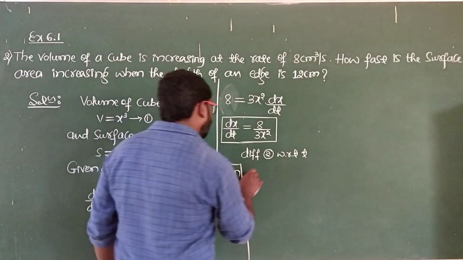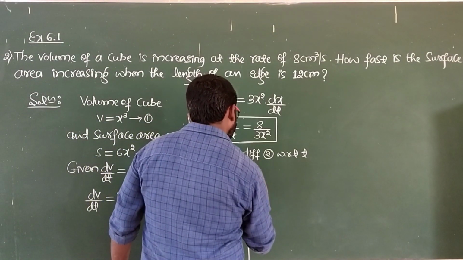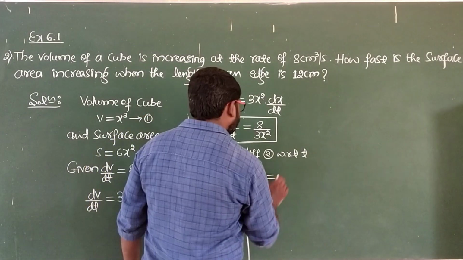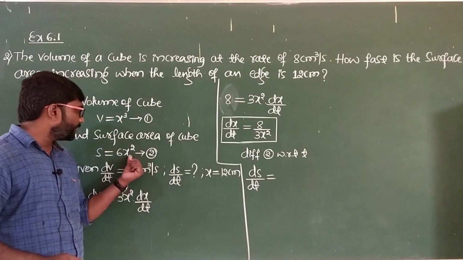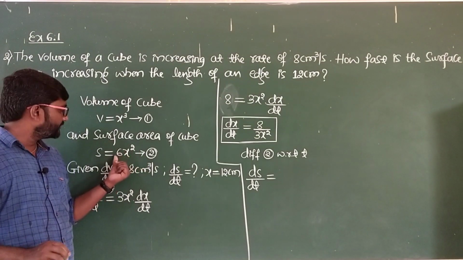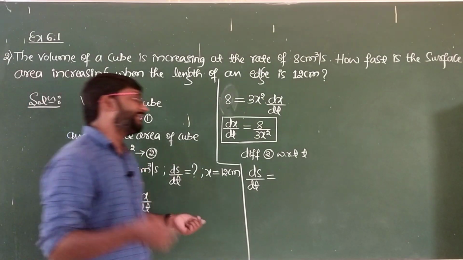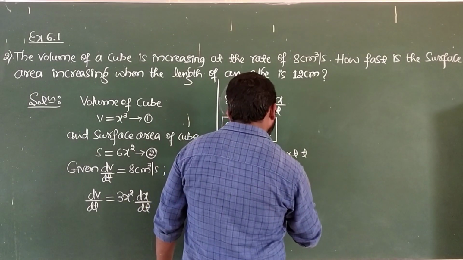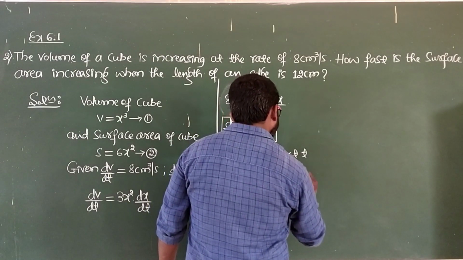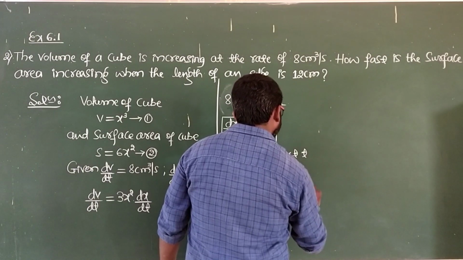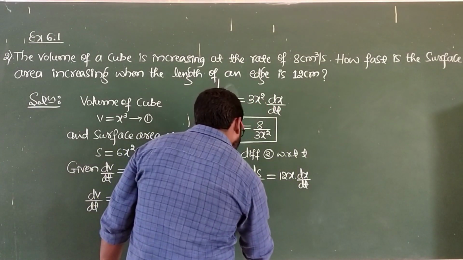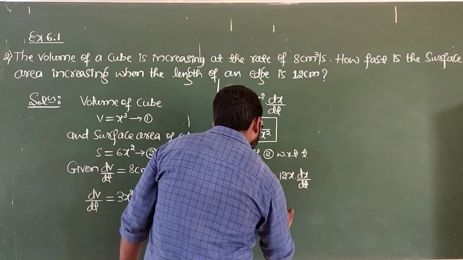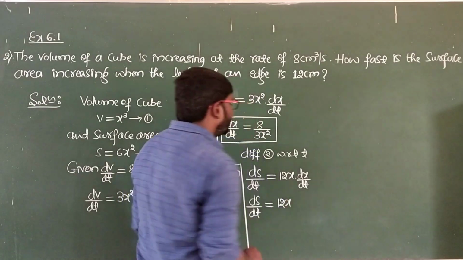So we get dS by dt equals 6, write it as it is, then derivative of x square will be 2x. So 6 into 2x will be 12x. So we get 12x into dx by dt. So overall dS by dt equals 12x into dx by dt.